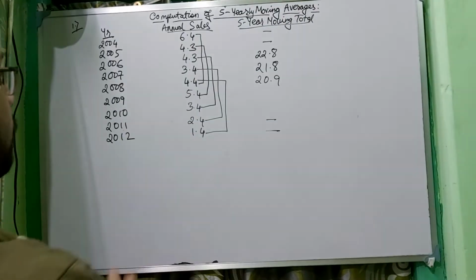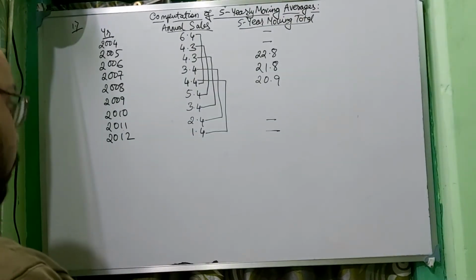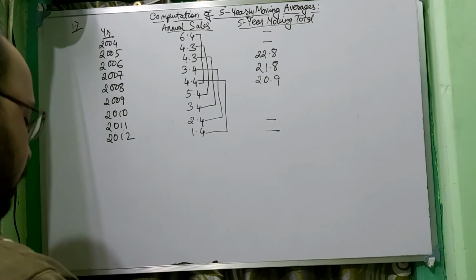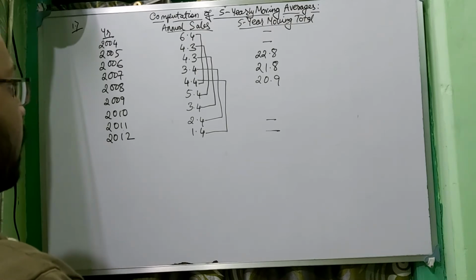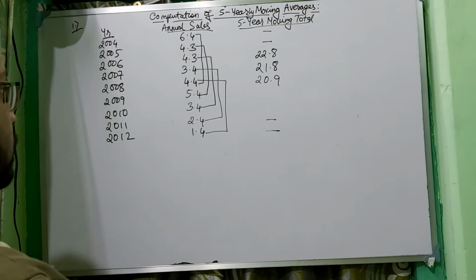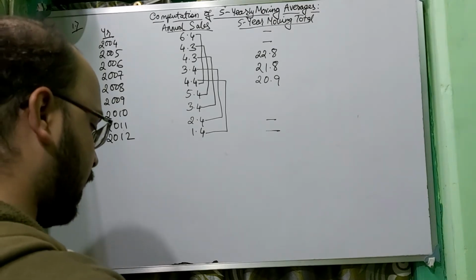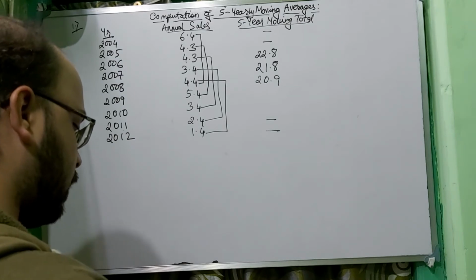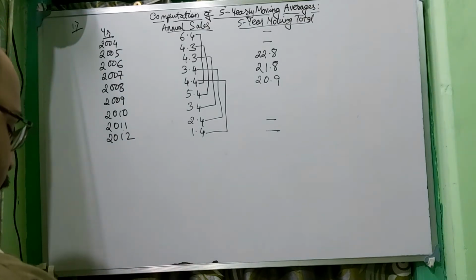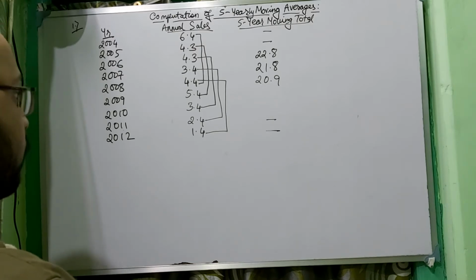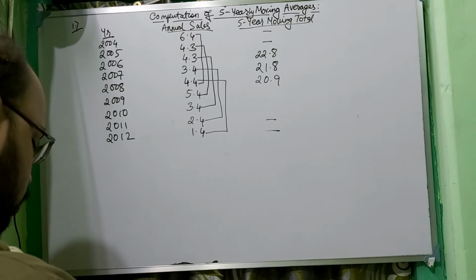Now starts with 3.4. 3.4 plus 4.4 plus 5.4 plus 3.4 plus 2.4.